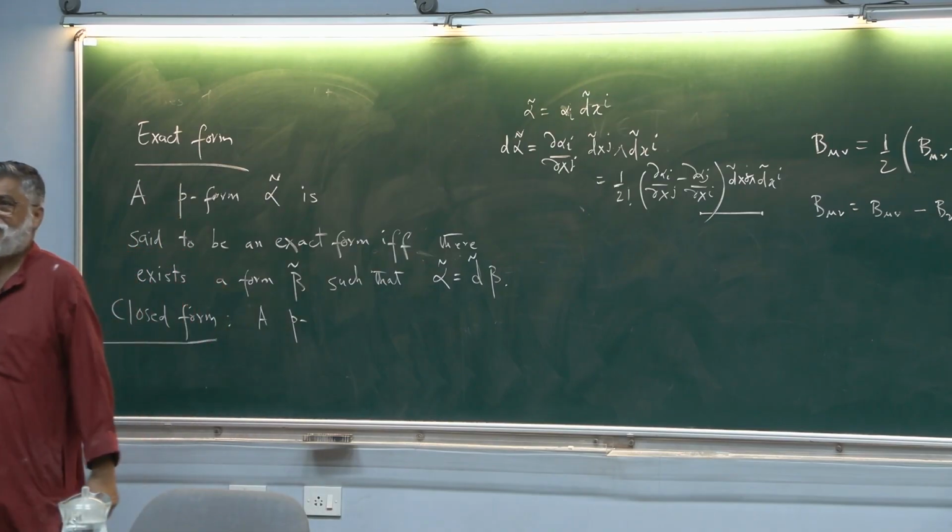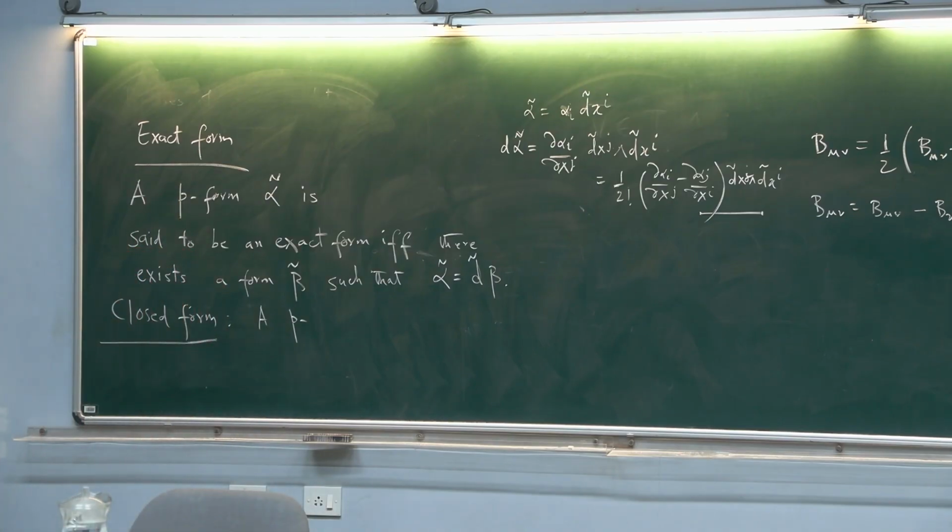So there are certain geometrical objects from whom we can get the exact form, like circle we can get the exact form. No, circle is not a form. Circle is a manifold. Circle is not forms. We have already defined what forms are.